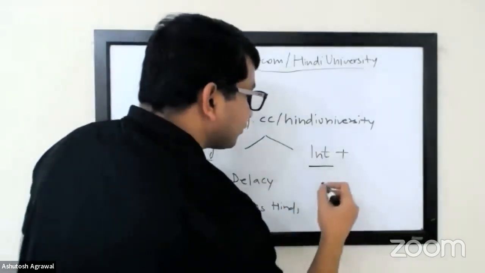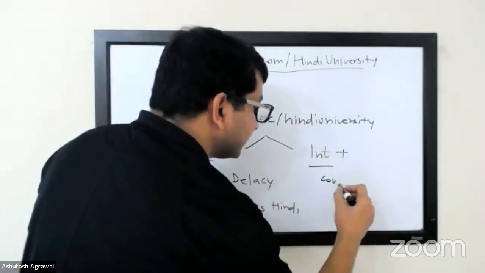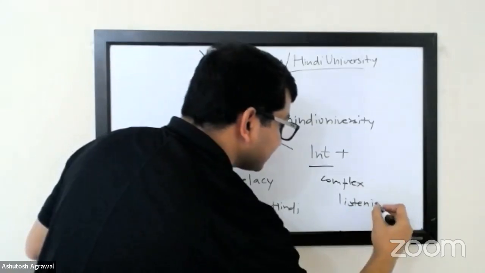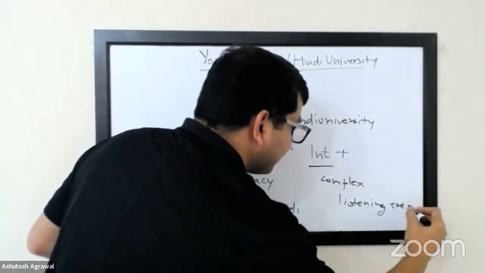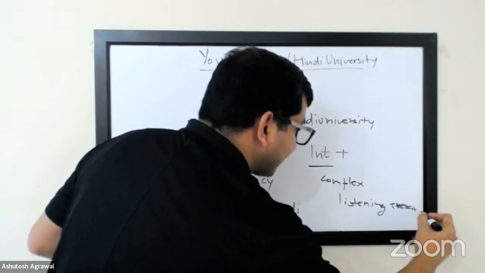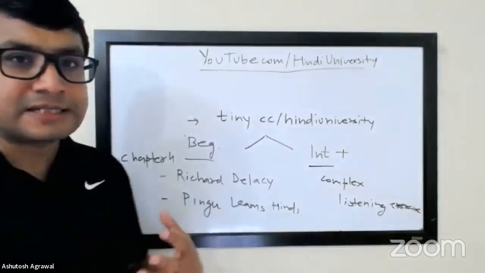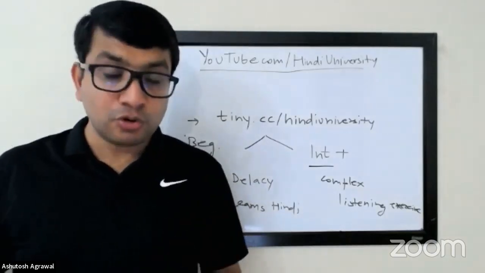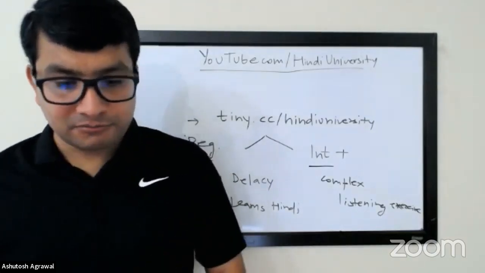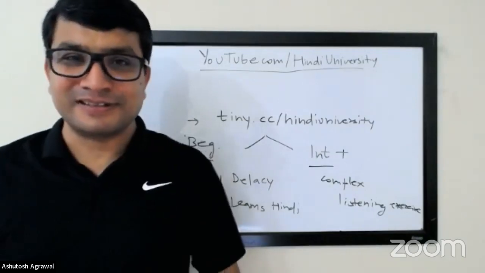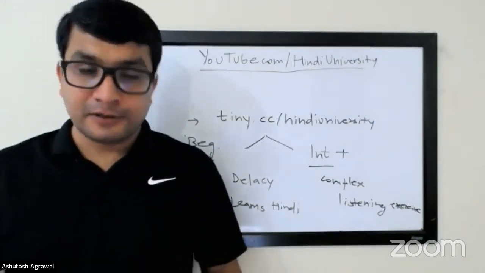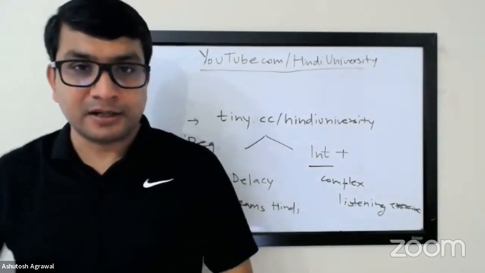For the intermediate topic, it will be a complex listening exercise, where I will read a paragraph or a conversation taking place in a restaurant, and you have to understand it. I'll go slow initially, and then I'll go fast like a native speaker. It's built on the topic we learned last week, kitna samay lagega, like how long is it going to take.